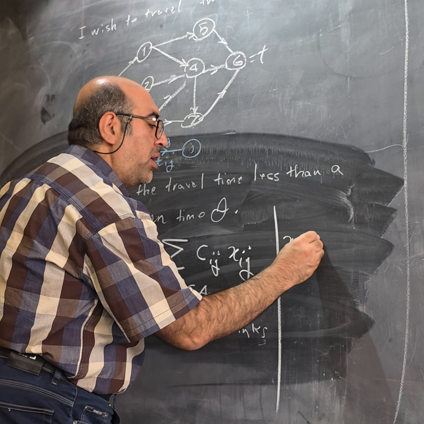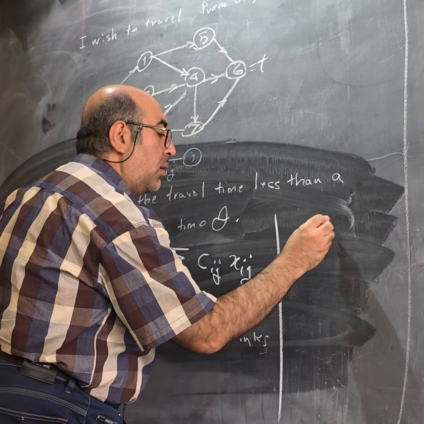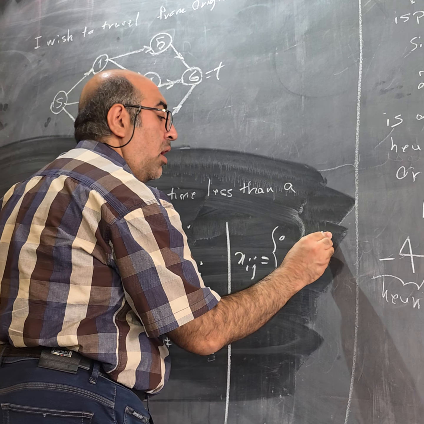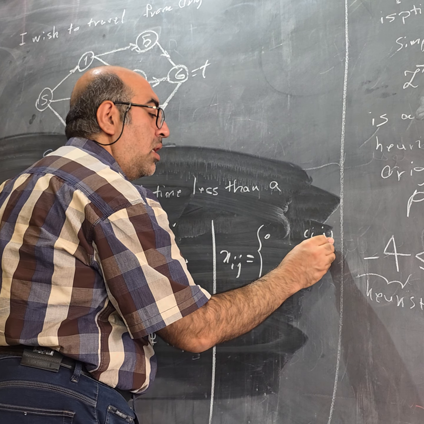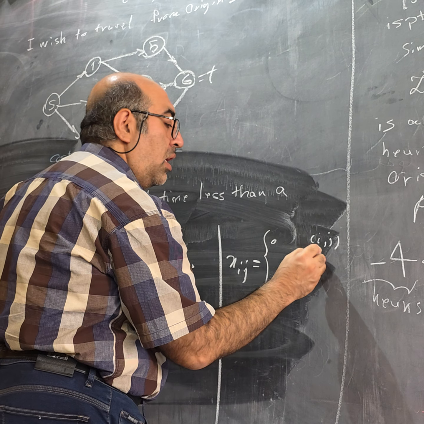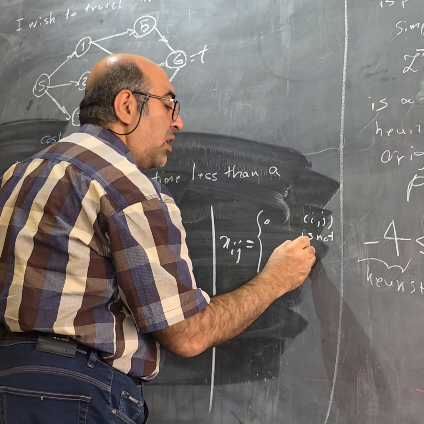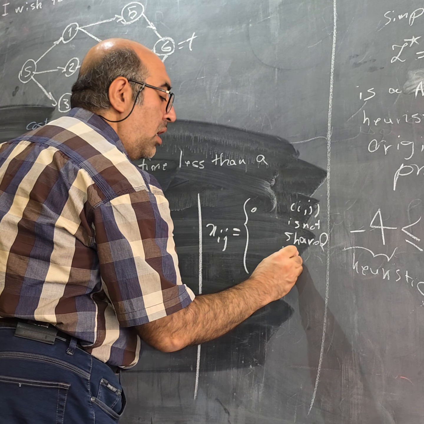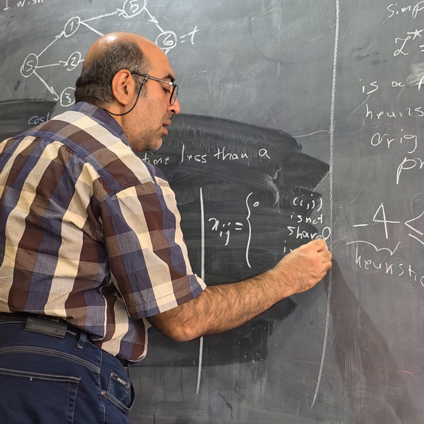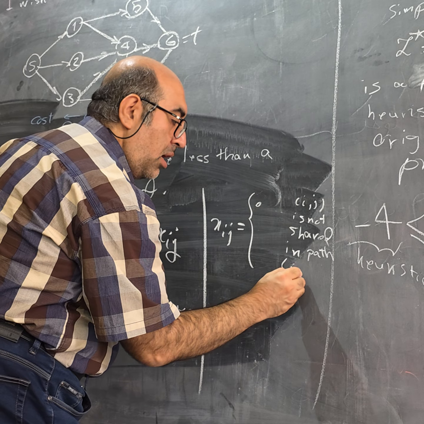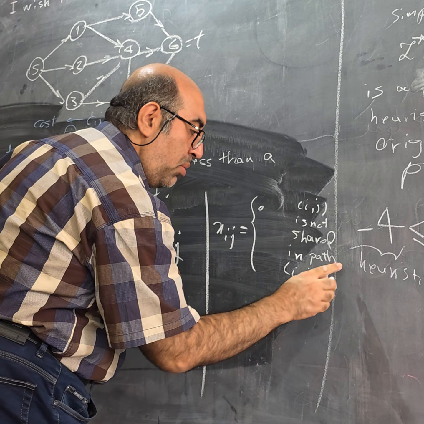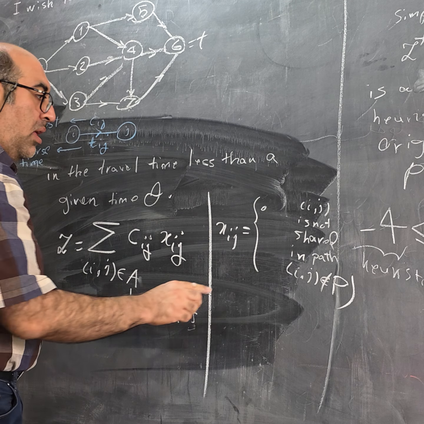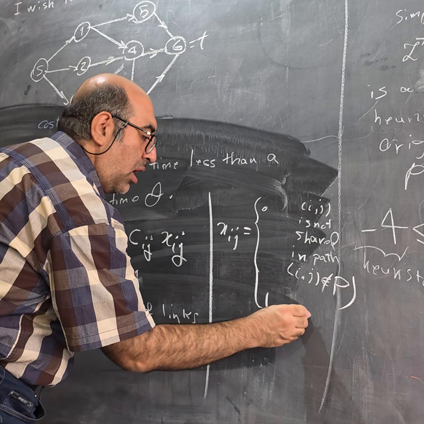Xij is a binary variable equal to 0 if link ij is not shared in the path, not belonging to the path, and 1 otherwise.